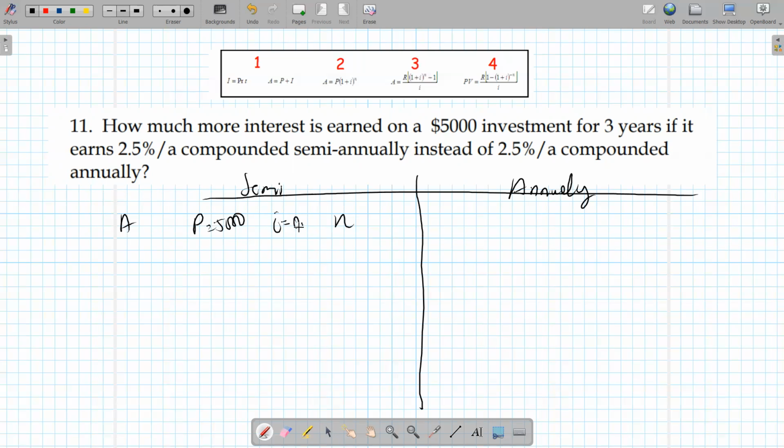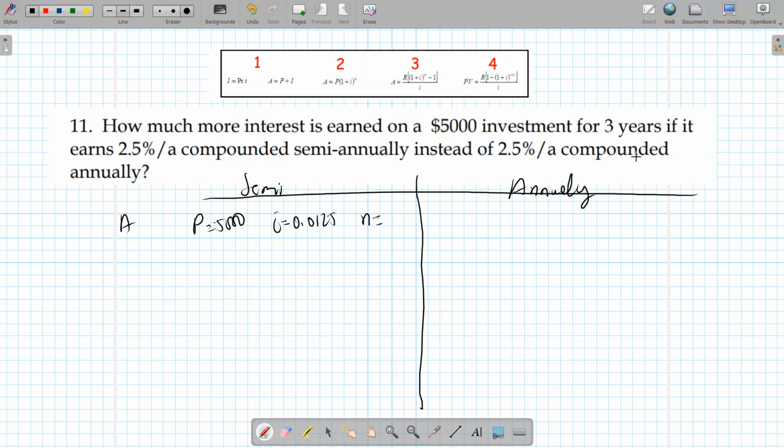Where'd you get that from? What'd you do to 2.5? Did you divide by 26? No, semi-annually. That you did bi-weekly, right? Oh, okay. So semi-annually, just 2. Just 2, yeah, divided by 2. 0.0125.